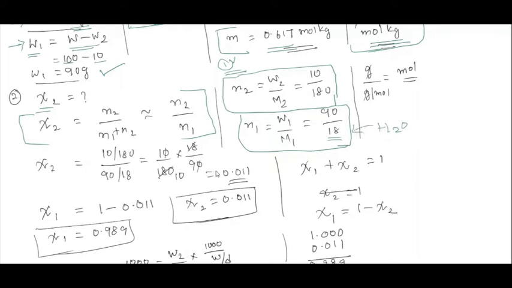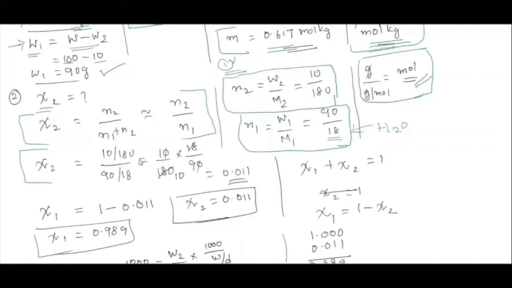You know this gives moles. How can you work it out? That is weight in gram divided by gram per mole, so it is reciprocated. Now it becomes mole, so the unit is mole. For number of moles you can bring it here. So N2 is 10 by 180 divided by 90 by 18.